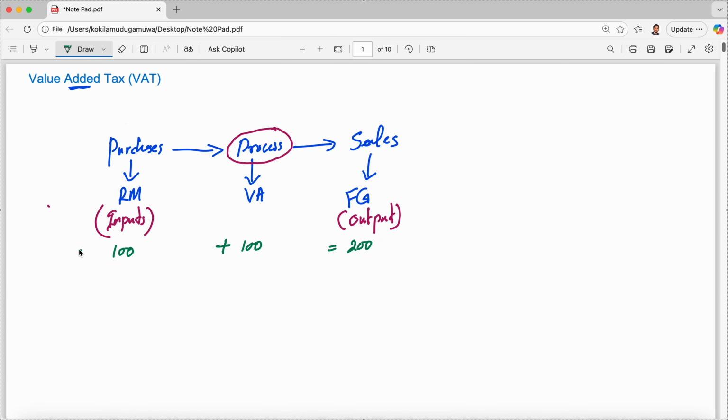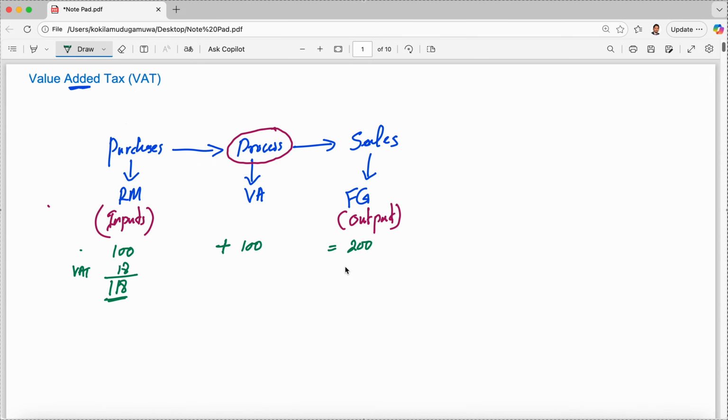So assume that you are registered for value added tax, right? When you are purchasing you will get a tax invoice. The invoice value will include VAT, that is 18%, so 100 into 18%, 18. Then you will get an invoice with 118.